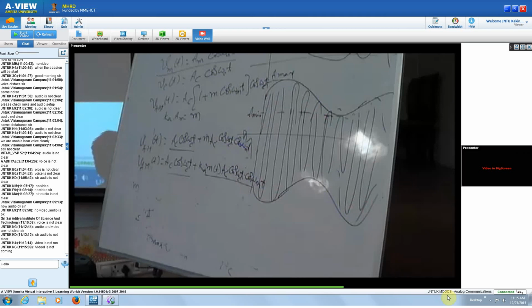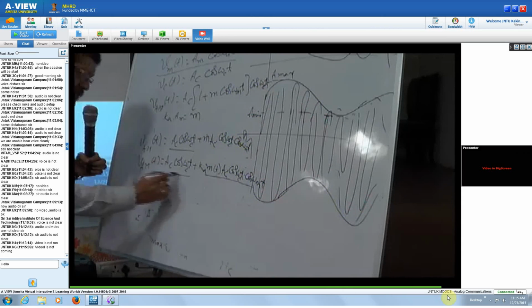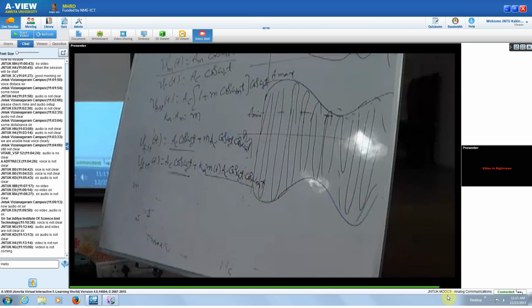So what will be the power relation between the different components, the carrier and the sideband, that we are going to have? What will be the carrier power of A_C cos omega_C t? If we are applying it to a 1 ohm resistor, what will be the carrier power, P_C, for A_C cos omega_C t?